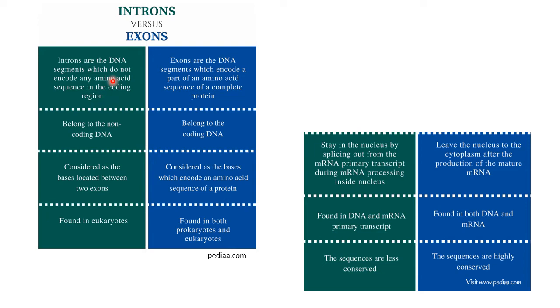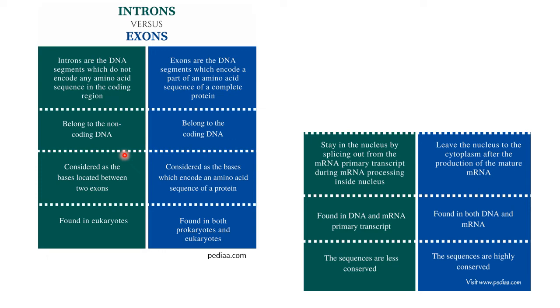First we will see introns. Introns are DNA segments which do not encode any amino acid sequence in the coding region. In the case of exons it is different. Exons are the DNA segments which encode part of the amino acid sequence of a complete protein. So there is a contrast.